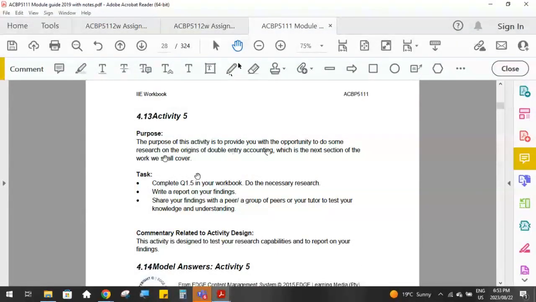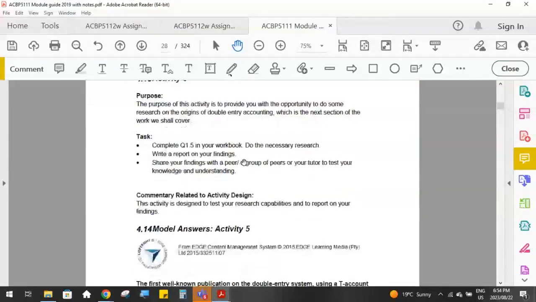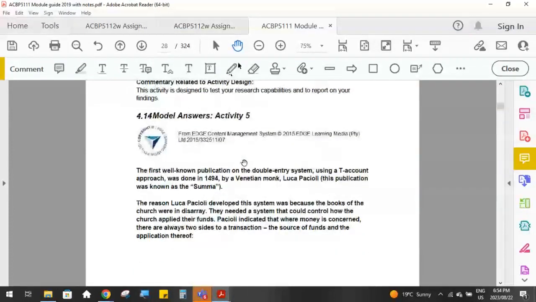Okay, so this question was on the origins of double entry accounting, which I've already spoken to you a little about, which is our friend Luca Pacioli and his recording of the double entry system using the T account.